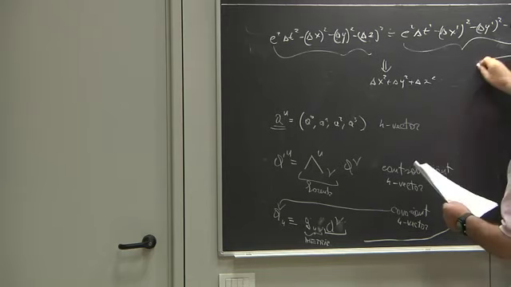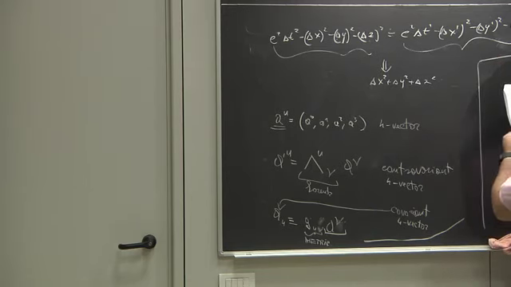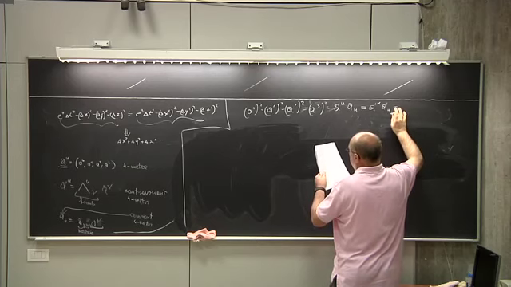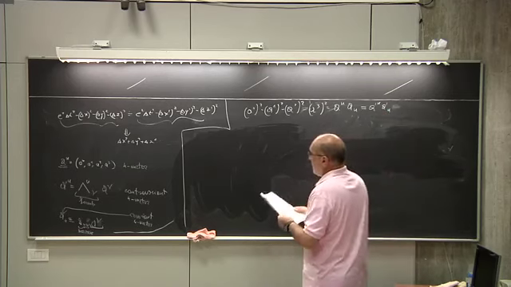Okay, so we have seen that the 4-vector, so a0 squared minus a1 squared minus a2 squared minus a3 squared, this one can be written as a_μ a^μ, and this is the same as a'_μ a'^μ.